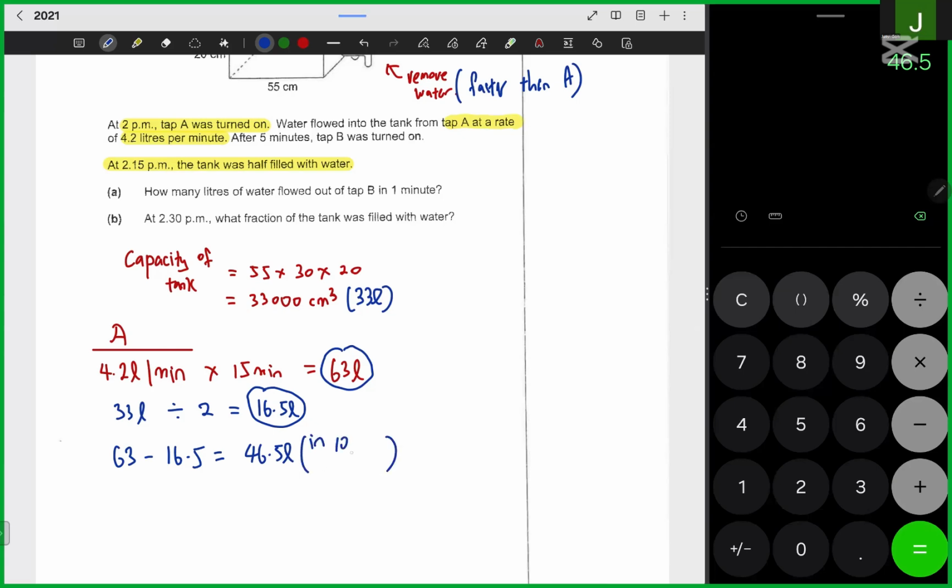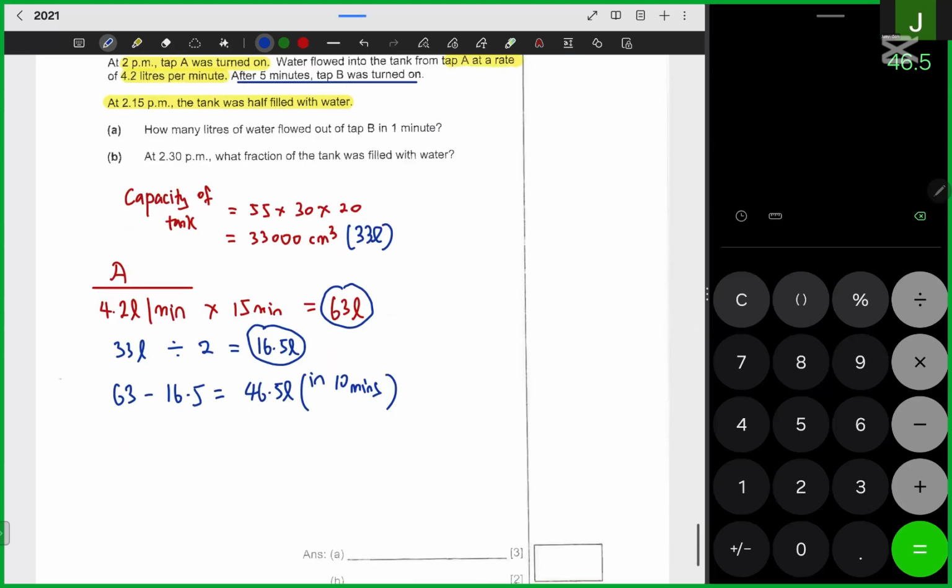In 10 minutes, because only after 5 minutes tap B was turned on. So tap B only removes water for 10 minutes. So how many liters of water flow out in 1 minute? 46.5 divided by 10. 4.65 liters per minute.